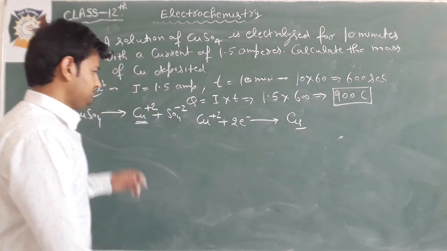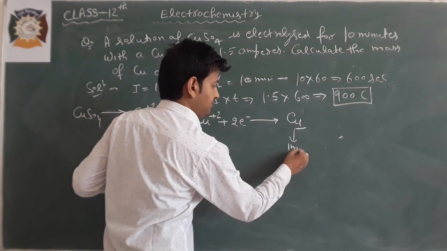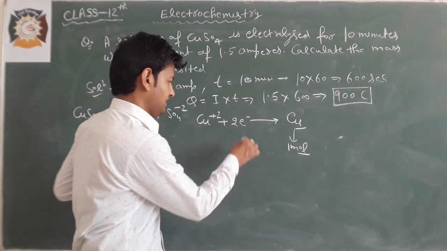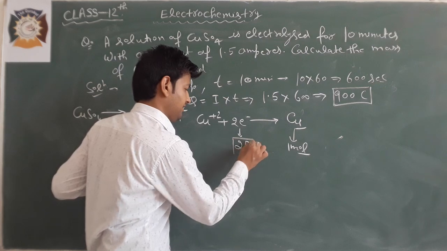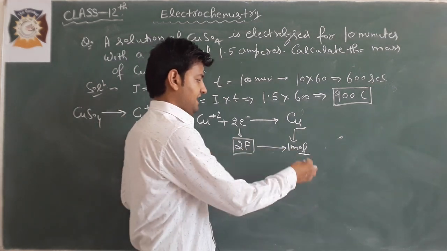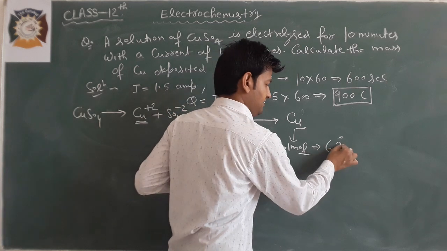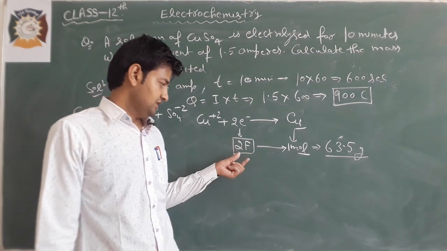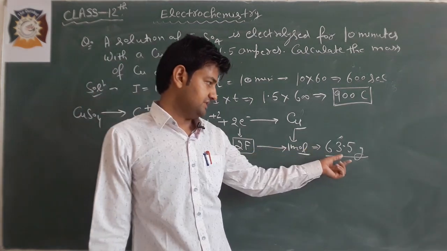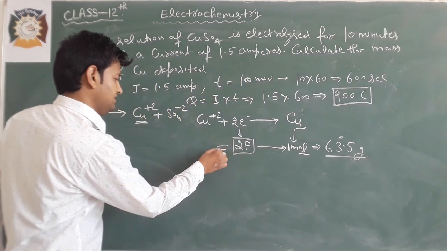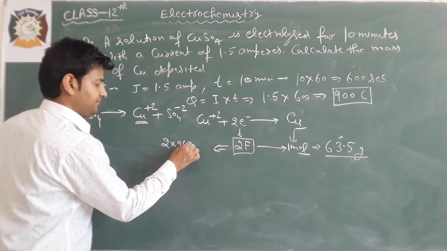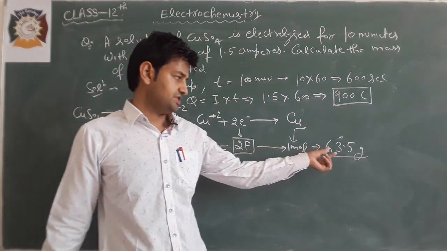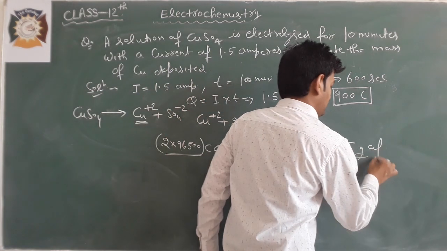If 1 mole of copper atoms is required for deposition, then 2 Faraday is required for the 1 mole, and 1 mole means the atomic mass of copper, 63.5 gram. So 2 Faraday charge deposits 63.5 gram. 2 Faraday means charge is equal to 2 into 96500 coulomb. This charge deposits 63.5 gram of copper.